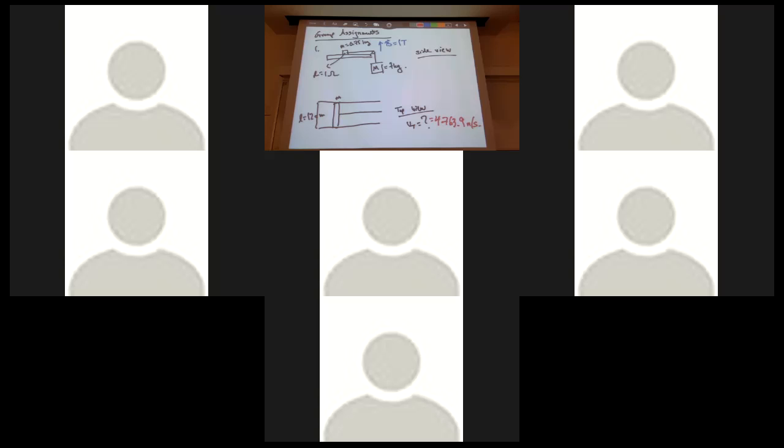And then I induced is going to be the induced EMF divided by the resistance. We already looked at this before, so we know that the induced EMF is that of a straight rod moving in an external magnetic field. So it's just the magnetic field times the length times the velocity. And now set all that equal.